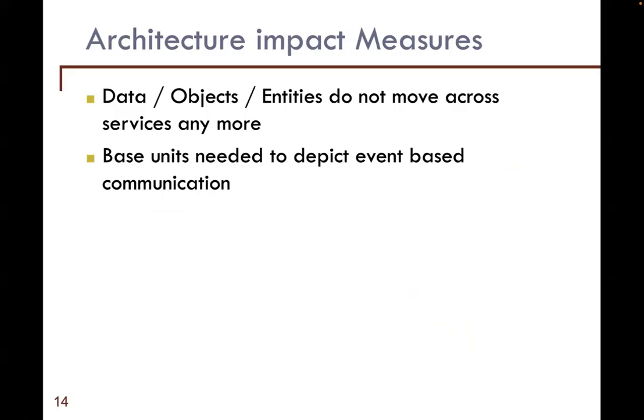In COSMIC, the base unit of this functional size measurement method was based on data and objects, and we used to calculate objects coming into the system and objects going out of the system.